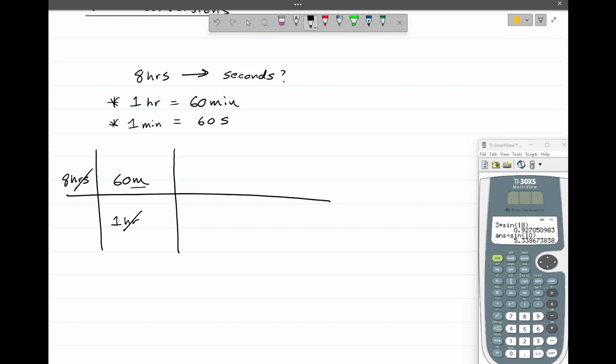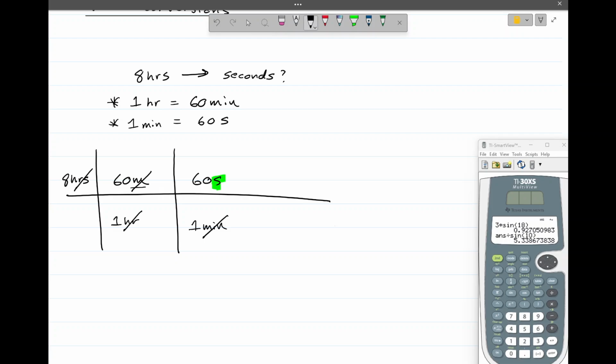All right, so I know that every 1 minute has 60 seconds, right? Now I know I've set this up correctly because these minutes are on opposite sides and they're going to cancel out. And now all I'm left with here is seconds. At the end of the day, all my other units have canceled out. So now I know I've done this math correctly, because the only thing I'm going to be left with is seconds, and that's what I want.